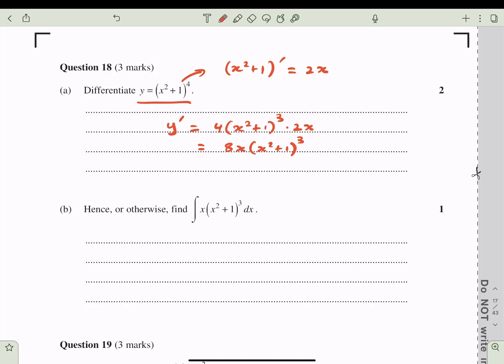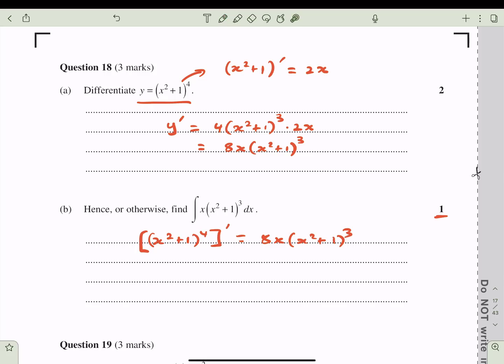Now, part B. Hence or otherwise find the integral of x times (x squared plus 1) to the power of 3. This is 1 mark. What does that tell us? It should be fairly straightforward. Looking back at part A, we know for a fact that the derivative of (x squared plus 1) to the power of 4 is equal to 8x times (x squared plus 1) to the power of 3.